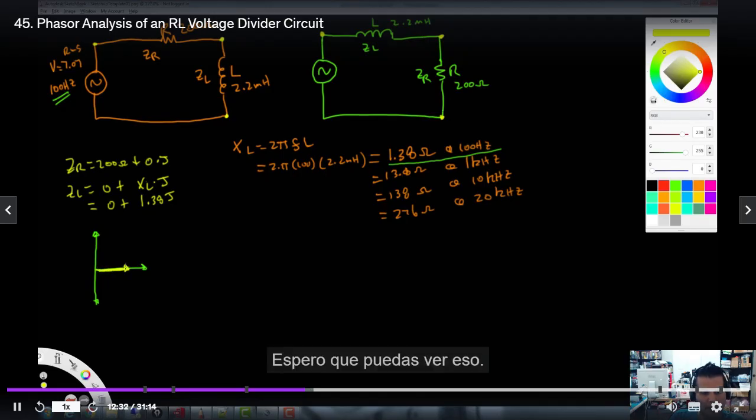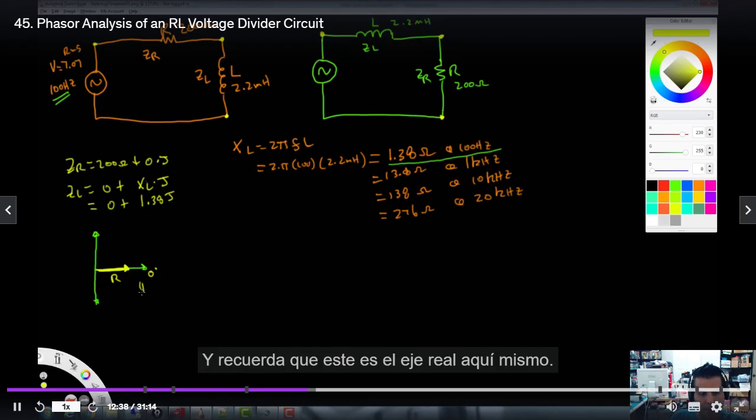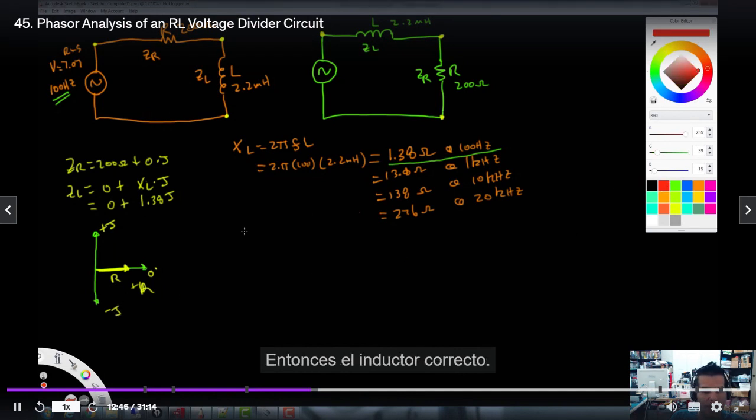Hopefully you can see that. So here's the resistor, here's its impedance. It's right on the real axis. And remember, this is the real axis right here, and then this is the plus J, and this is the minus J. So the inductor, those always have a positive J.